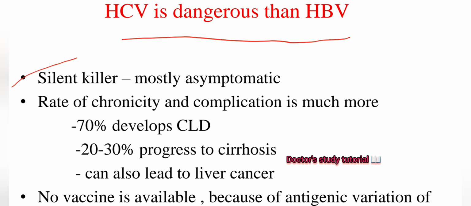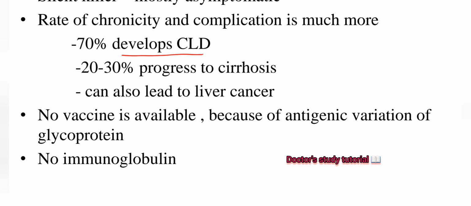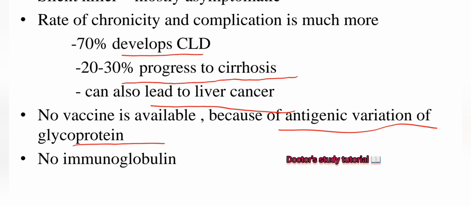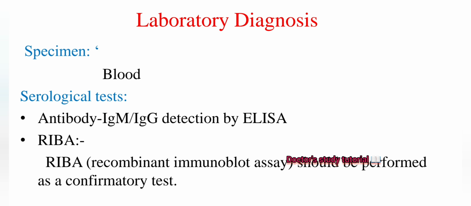Because it is a silent killer, mostly asymptomatic. The rate of chronicity and complications is much higher. 70% develop chronic liver disease, 20 to 30% progress to cirrhosis, and it can also lead to liver cancer. No vaccine is available because of antigenic variation of the glycoprotein, and no immunoglobulin.